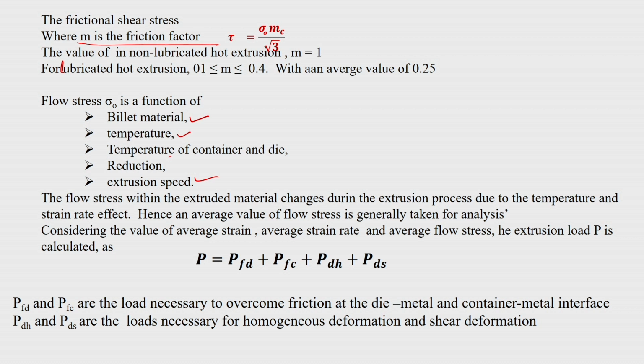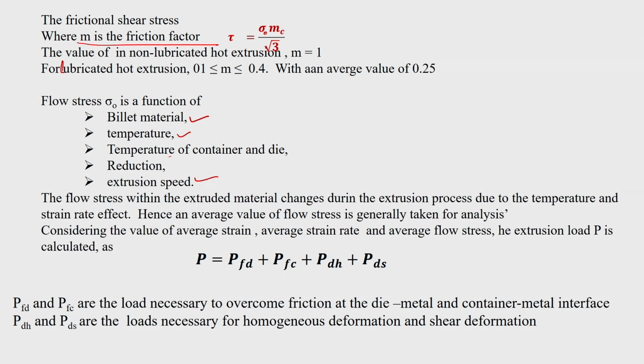Now, the flow stress within the extruded material changes during the extrusion process due to the temperature and the strain rate effect. That is what I was telling. Inside strain rate may be something, but towards the end of the die, the strain rate will be very high. So, the flow stress may keep varying from inlet to the outlet.